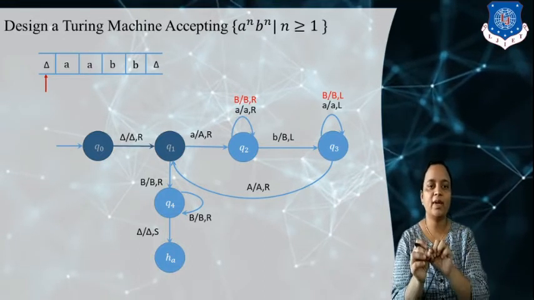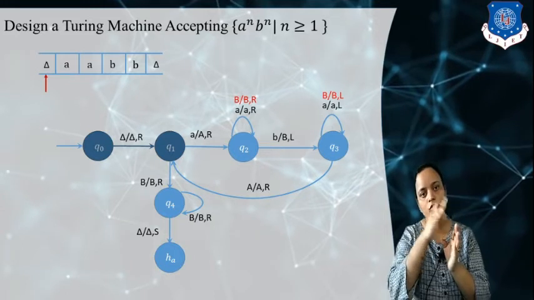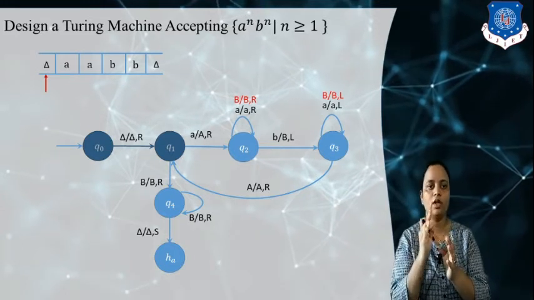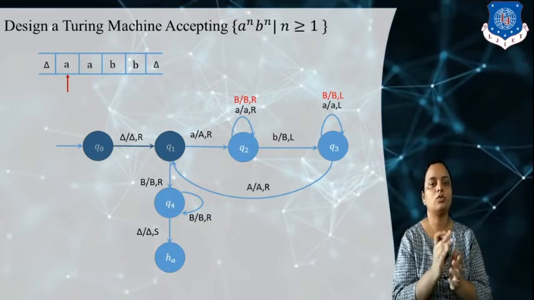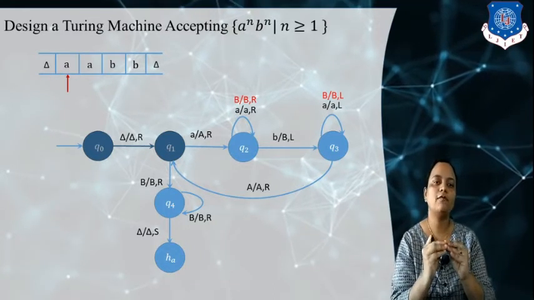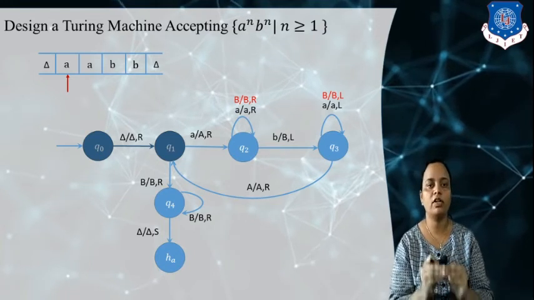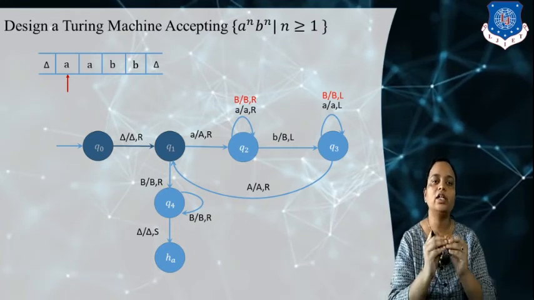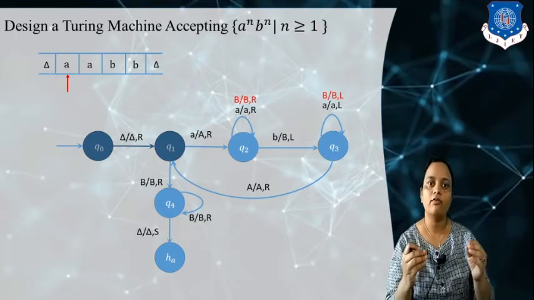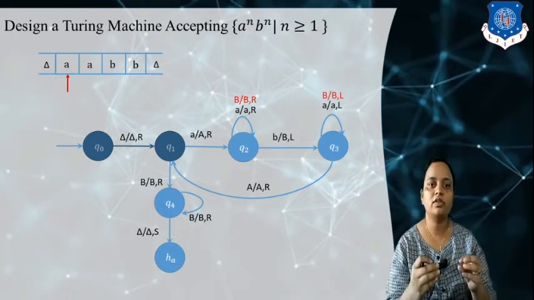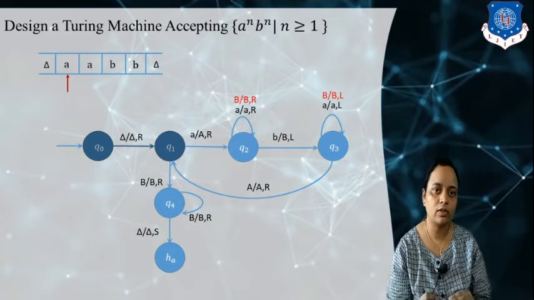Delta is replaced by delta and we move the head to the right side. So here you can see that my head is moving to the right side, to the first symbol of our input string. Now at the Q1 state our logic will start, because our logic starts with the first character of the string.